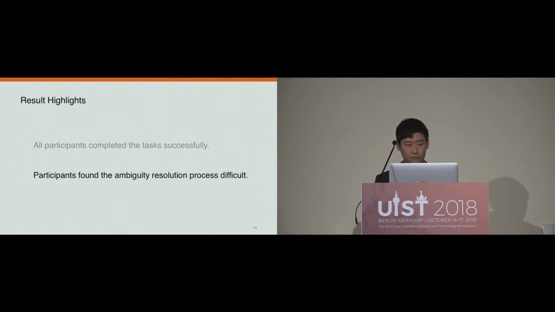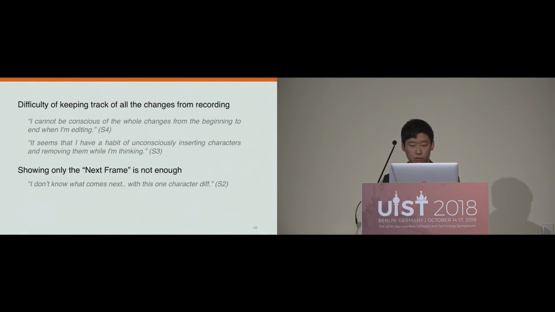Although it was pretty successful, people said the ambiguity resolution process was quite difficult. The most interesting thing is that people said they were confused because they couldn't remember the screencast exactly, even though they had just finished recording it.